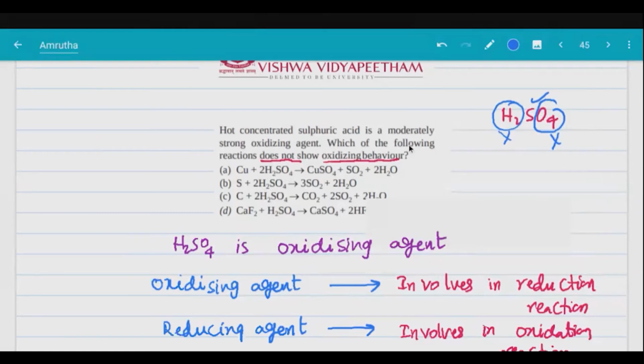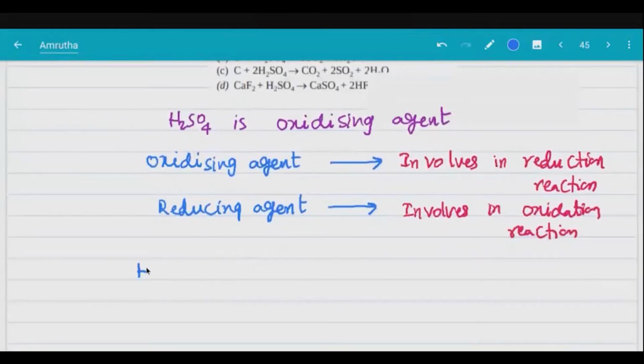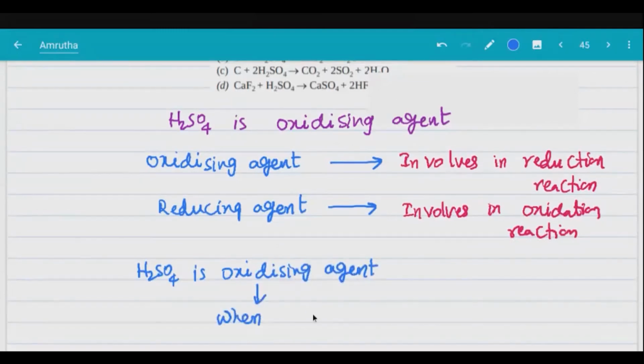If sulfur is undergoing reduction, that means it is oxidizing agent. H2SO4 behaves as oxidizing agent when sulfur undergoes reduction.